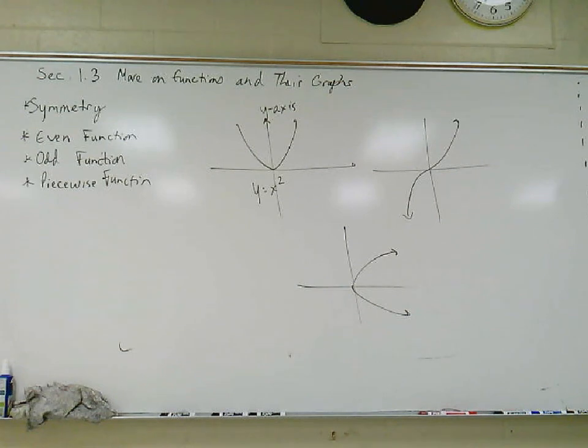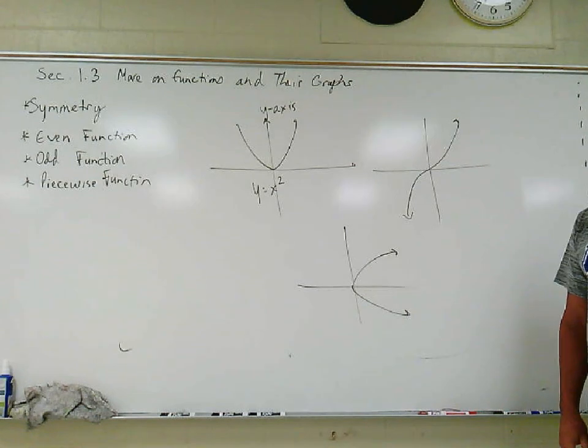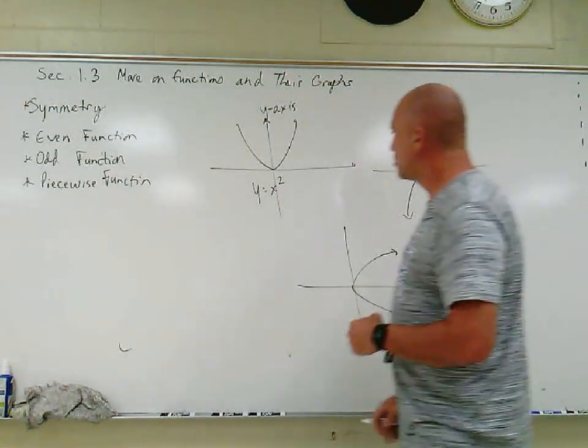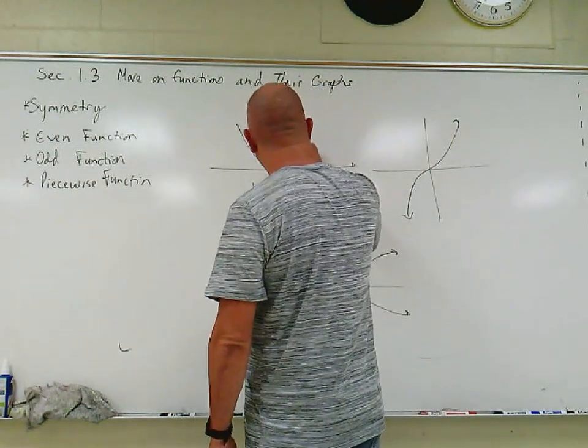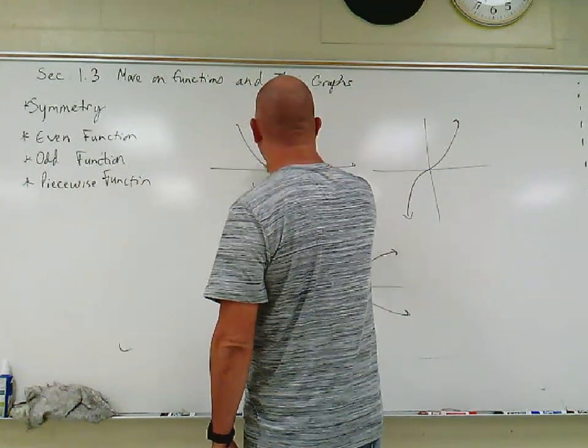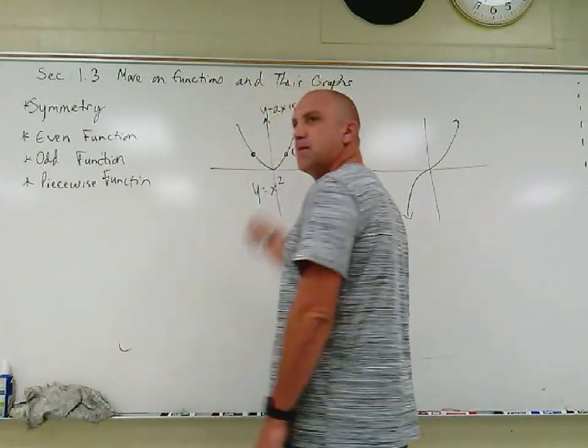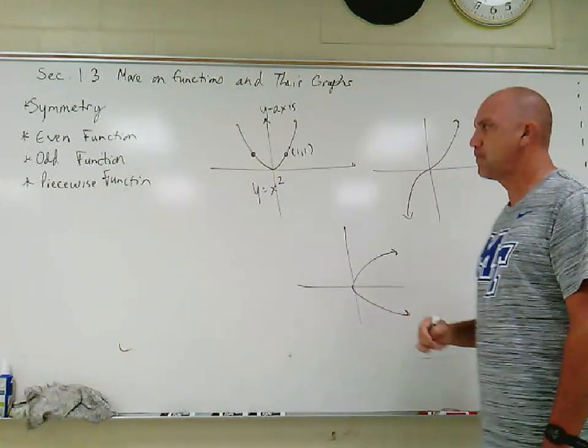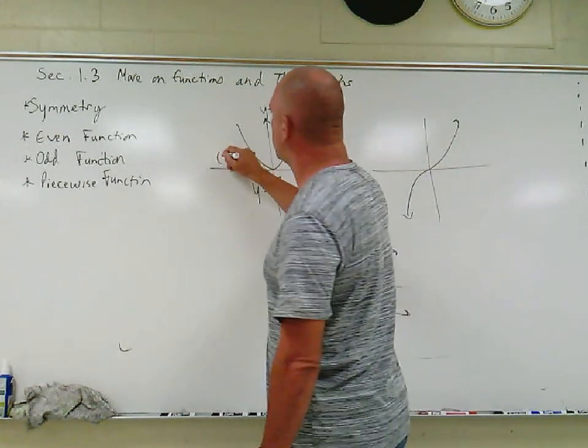Well, there's a test to show it algebraically. I mean, we can look at a picture and be like, yeah, that looks symmetric, but it's not really a proof. So there's something that has to happen numerically. So let's look at this real quick. Right here, if this is the point 1, 1, what's the mirror point on the other side? Negative 1, 1. What happens to the x?